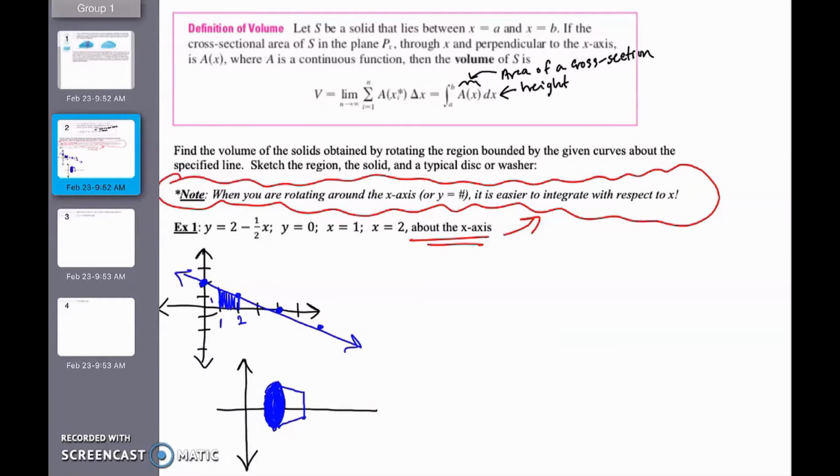Okay, so that is what we would call our cross section. And here is x equals 1, and here is x equals 2. All right, so what we have to see when we look at this picture is that our cross section is a circle.